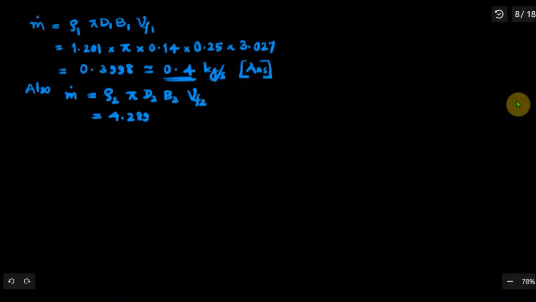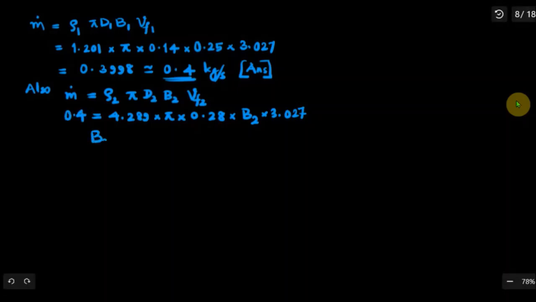around 4.289 kilogram per meter cube, into pi into the diameter at the outlet of the impeller, that is 0.28 meter, into the breadth, which we have to calculate, this is the unknown, into the velocity of flow 3.027. So if you do this, you can substitute the mass flow rate, that is 0.4.